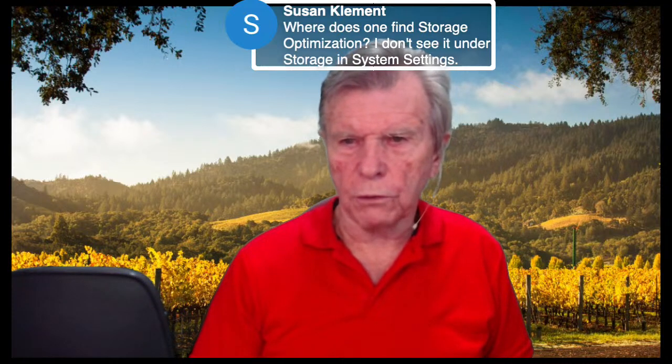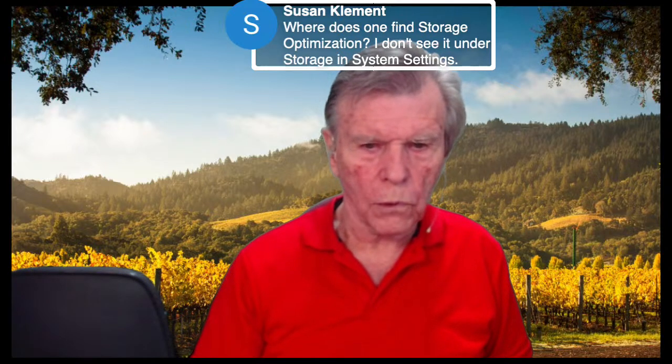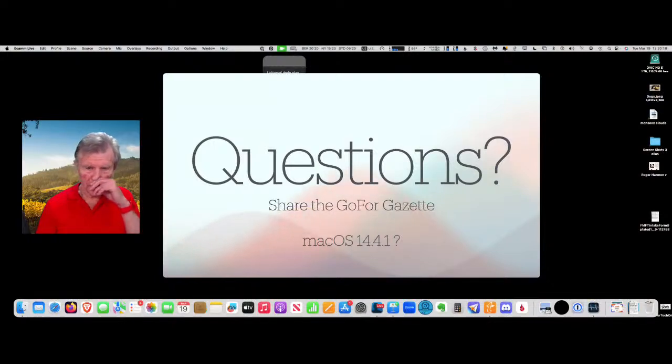So where does one find storage optimization? I don't see it under storage and system settings. Okay, great question. So we can show you that. Okay, so we'll just go to the Finder, and we will go to Settings.